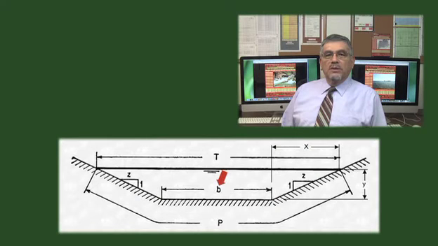For B different than 0 and Z different than 0, the channel is trapezoidal. For Z equal to 0, the channel is rectangular. For B equal to 0, the channel is triangular.